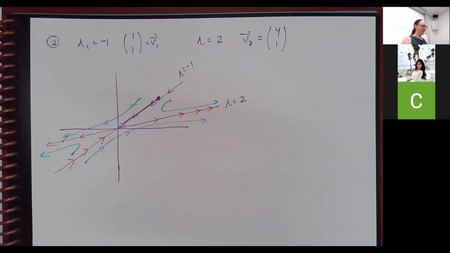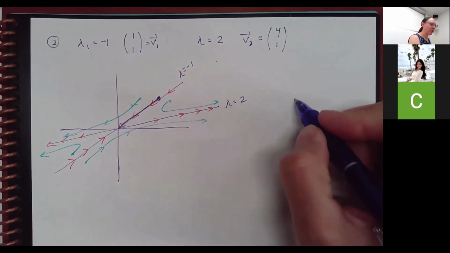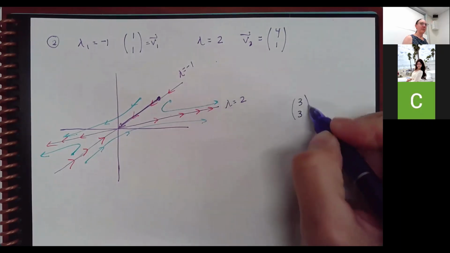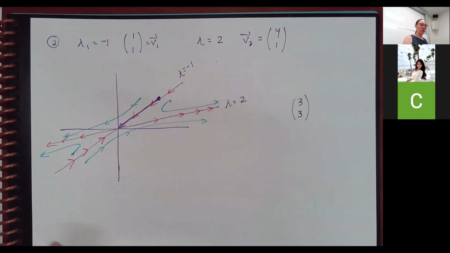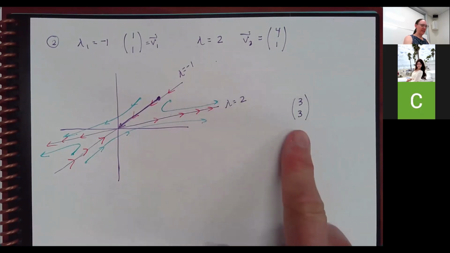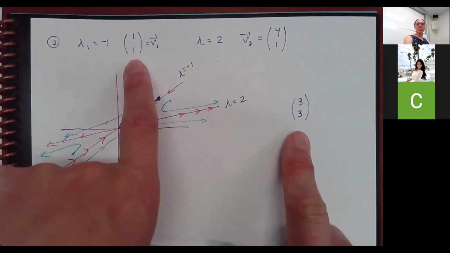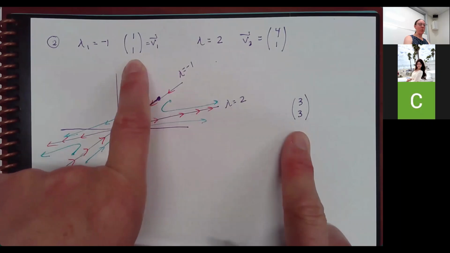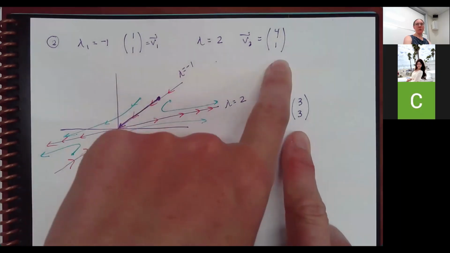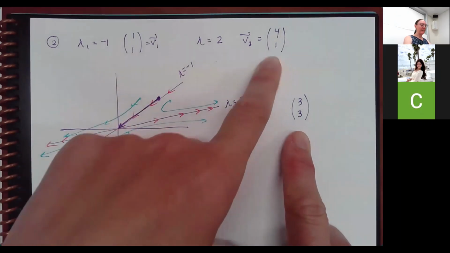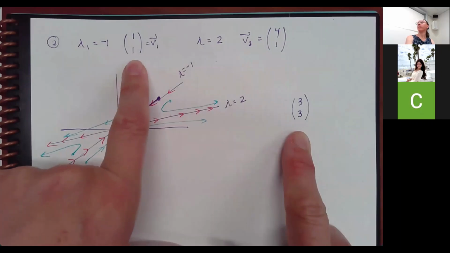So my initial condition is that I'm at the vector 3, 3. So 3, 3 is on the line formed by the eigenvector 1, 1. It's not on the line formed by 4, 1, but it is on the line formed by 1, 1.